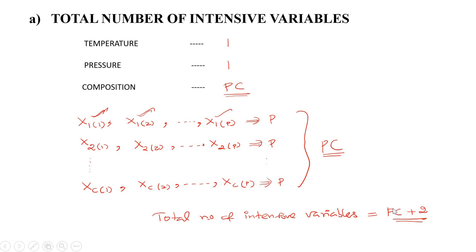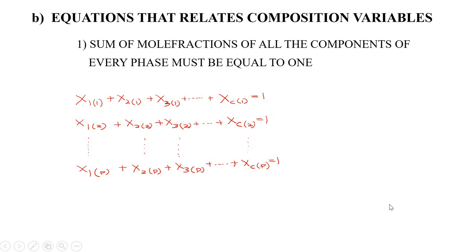What is meant by that? See, the equations that relate the composition variables: what are the equations available? Number one, the sum of mole fractions of all the components in every phase must be equal to 1. So in phase 1, the sum of the mole fractions of all the components should be equal to 1.